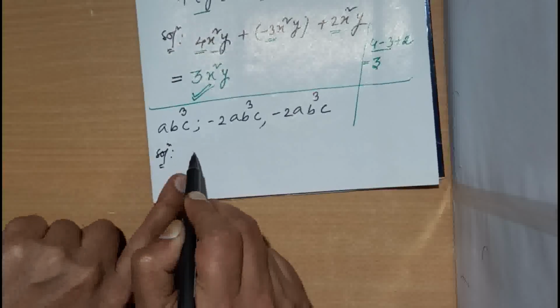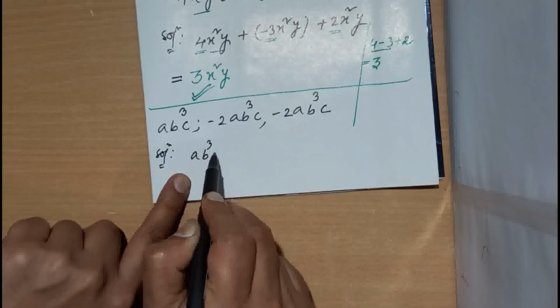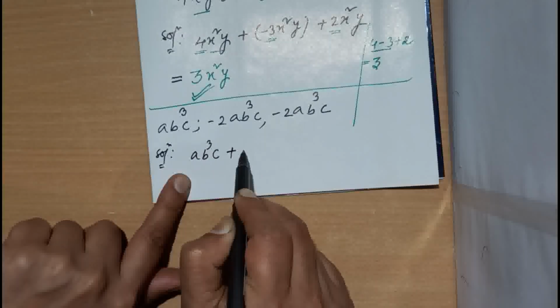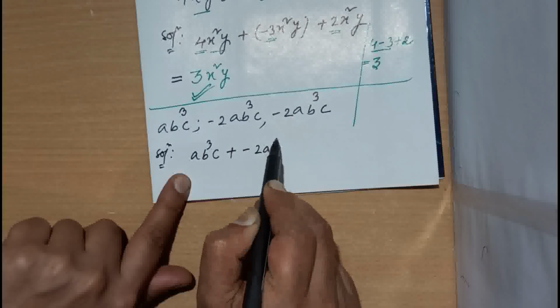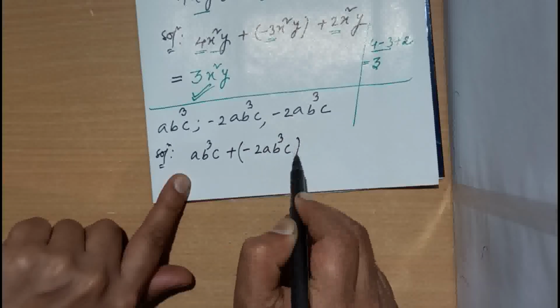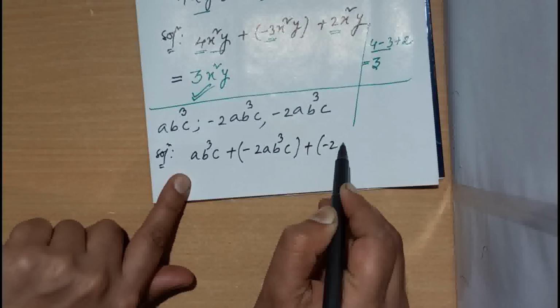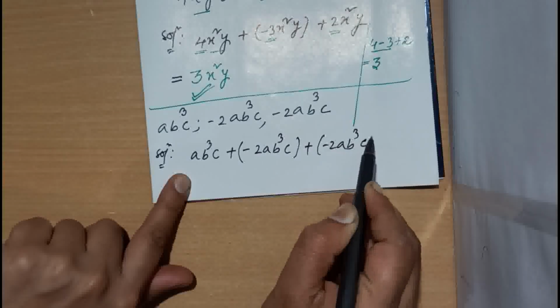Solution: ab cube c plus minus 2ab cube c plus minus 2ab cube c.